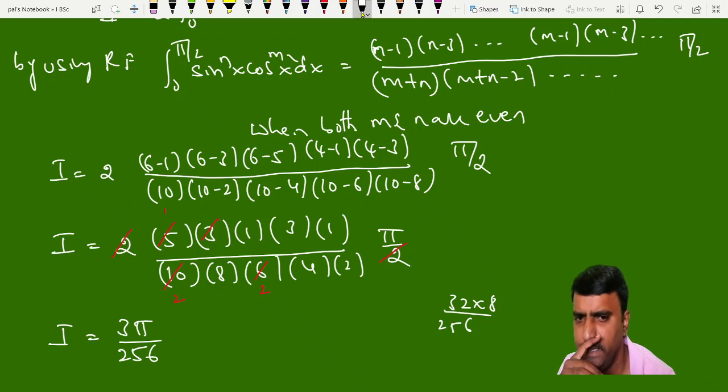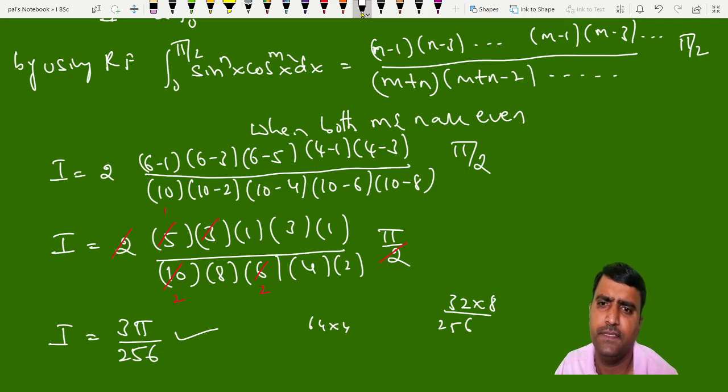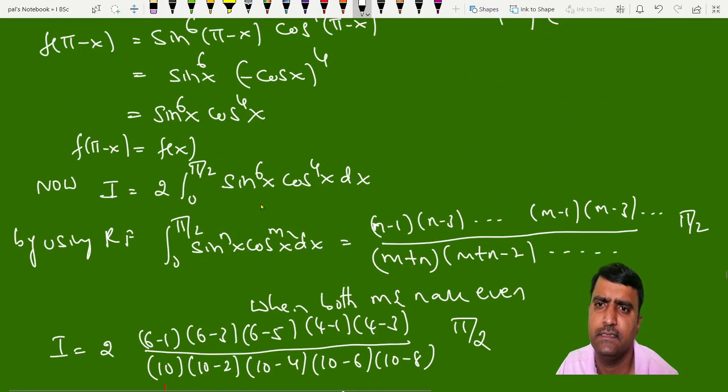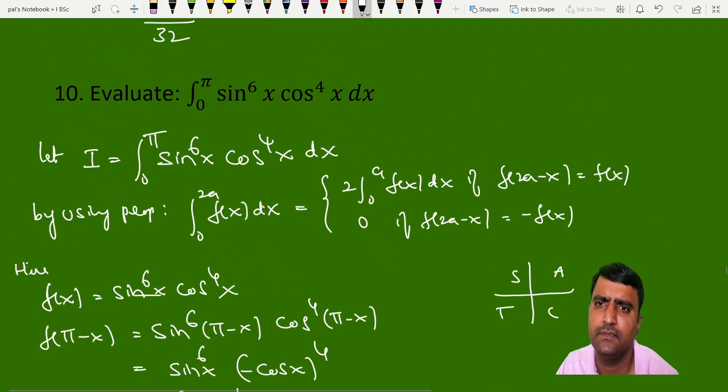Multiplying again, 4 2s are 8, 64, 64 into 4, so it is 256. It's correct. 3 pi divided by 256 is the final value of this problem.